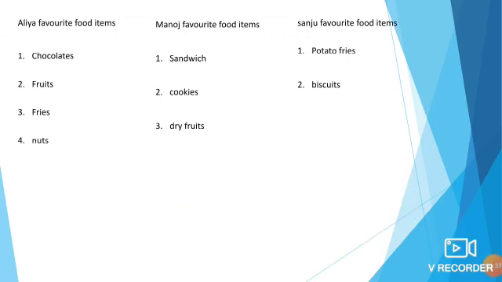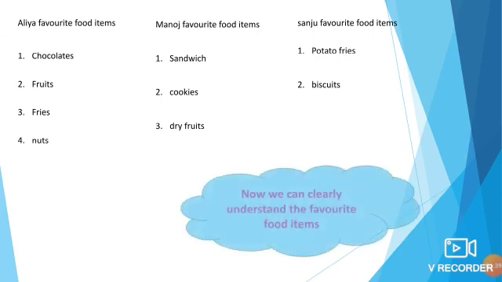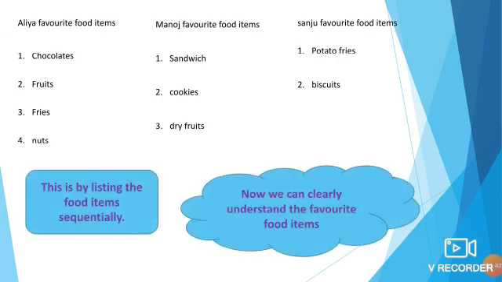Yes. So this is by listing the food items sequentially. Okay, so when we are presenting like this, we can understand the content easily, and we can easily tell what it is about. Okay, so this is nothing but the form of a list.